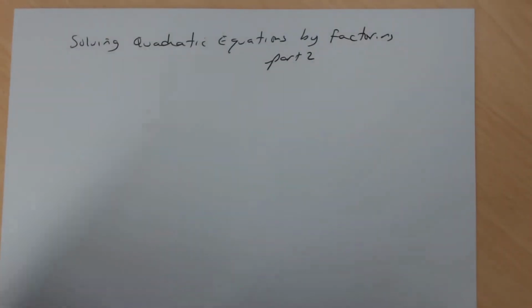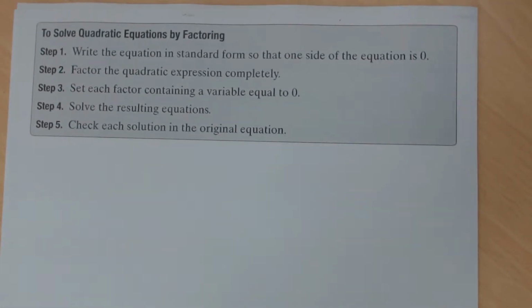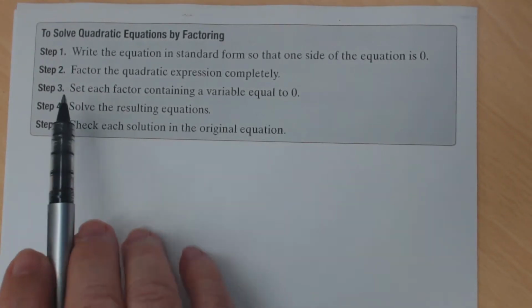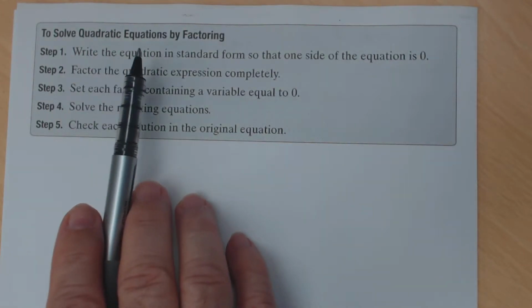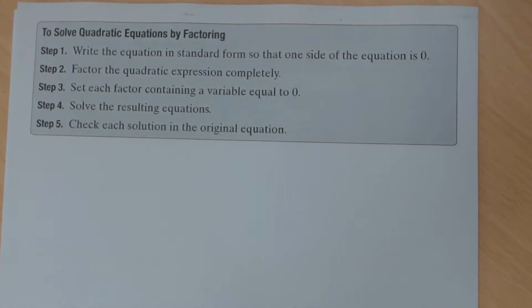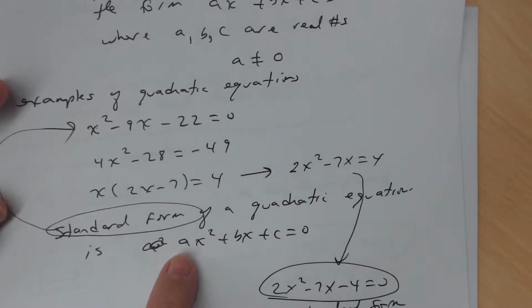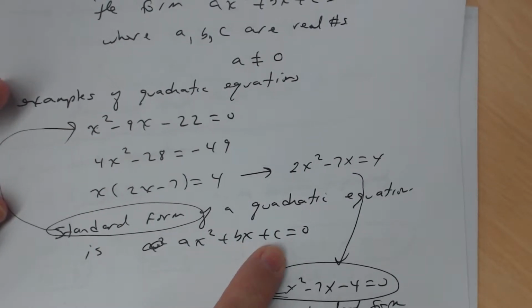So the next thing I want to show you is the steps to solve a quadratic equation. Step one is that you're going to write the equation in standard form. So remember, standard form is where you have ax squared plus bx plus c equals 0.